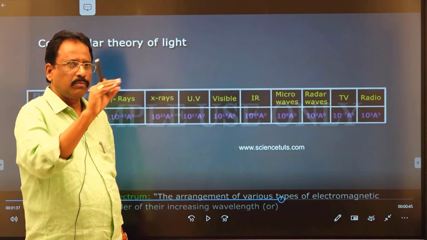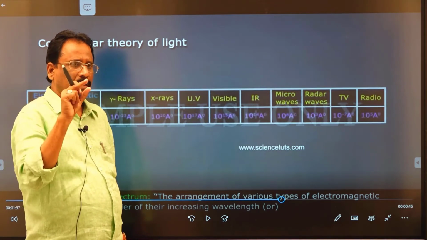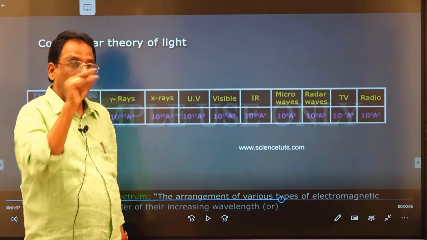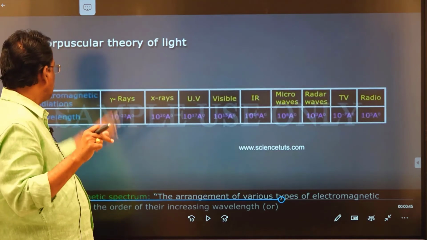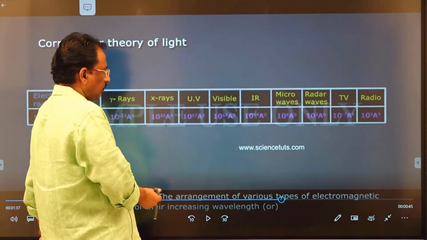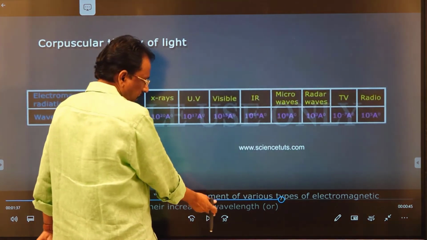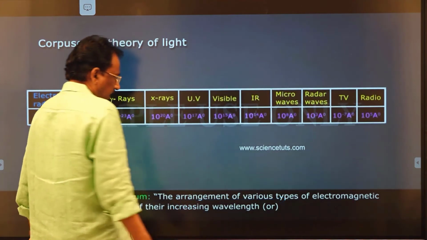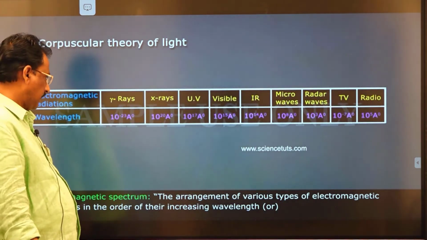These particles move in straight lines but not in the form of a wave. That's why this corpuscular theory failed to explain the properties of the various types of electromagnetic radiations.